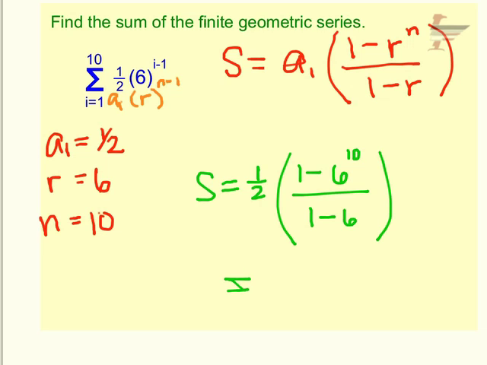And so you just follow your order of operations: do your exponent, subtract these, then divide, then multiply by 1/2. But there's a video that goes through all of those pieces, so I don't need to do it right now. And that's 12.3.